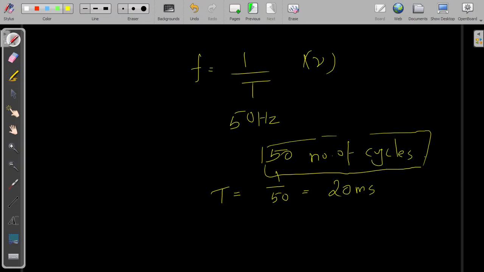That is the meaning. In other words, one cycle is equal to 20 millisecond.